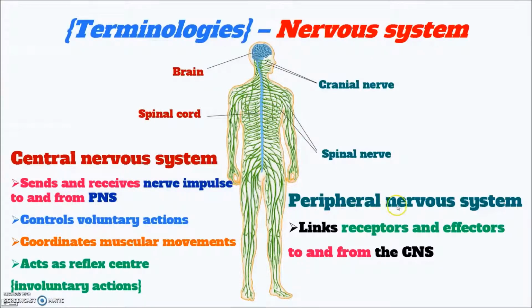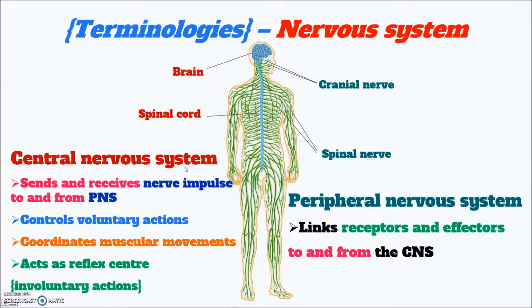For the peripheral nervous system, we have the cranial nerves and spinal nerves. They link the receptors and effectors to and from the central nervous system. So the functions are correlated, and they cooperate with each other to construct the whole nervous system of our body.